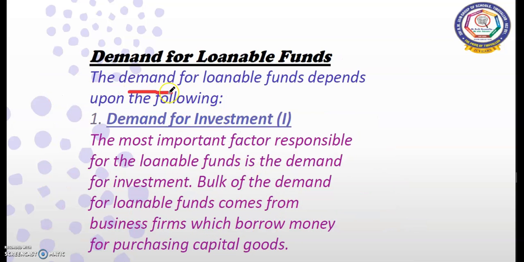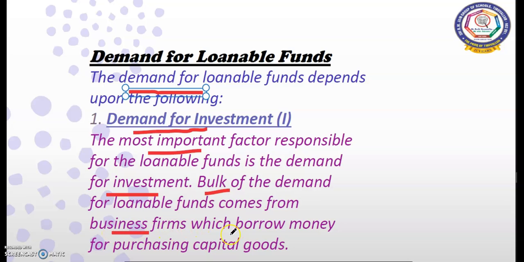Now the demand for loanable funds depends upon the following. First, demand for investment. The most important factor responsible for the demand for loanable funds is demand for investment. The bulk of the demand for loanable funds comes from business firms which borrow money for purchasing capital goods.